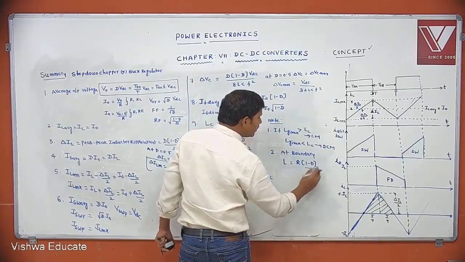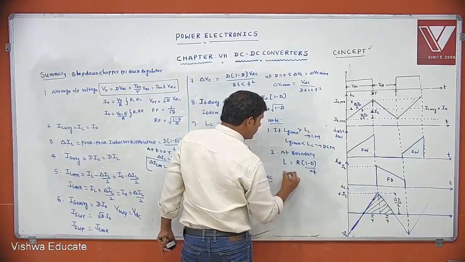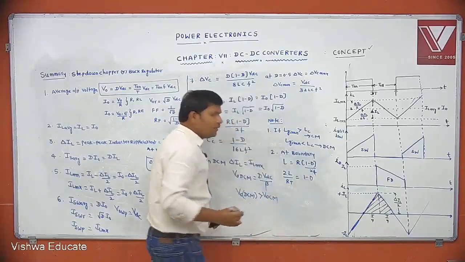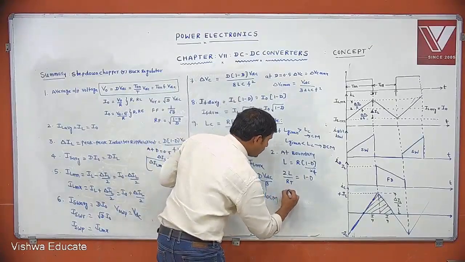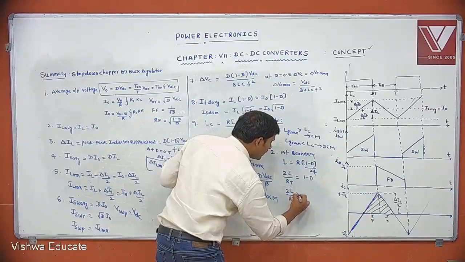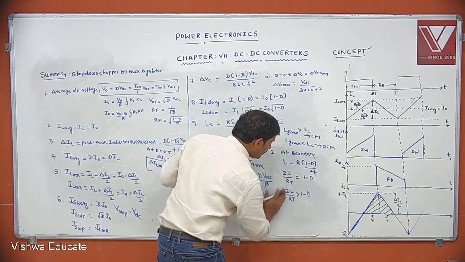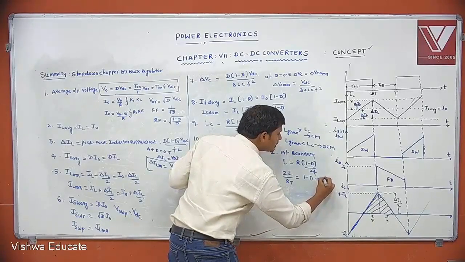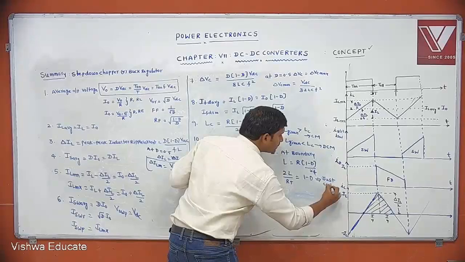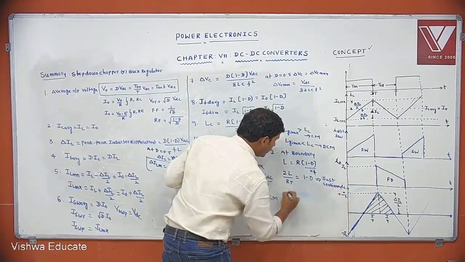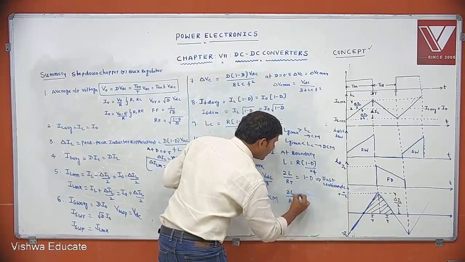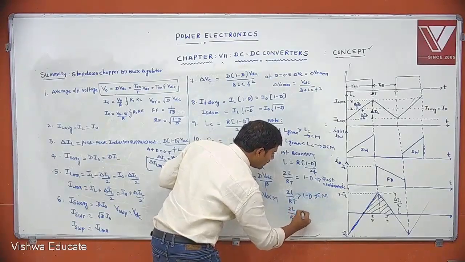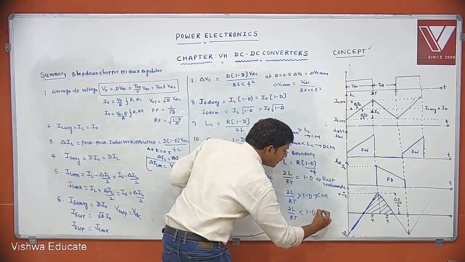Shall you write it like this? 2F, that is 2L by RT equals 1 minus D. If 2L by RT equals 1 minus D, then this is which one? Just continuous. 2L by RT greater than 1 minus D, continuous mode. 2L by RT less than 1 minus D, this is discontinuous.